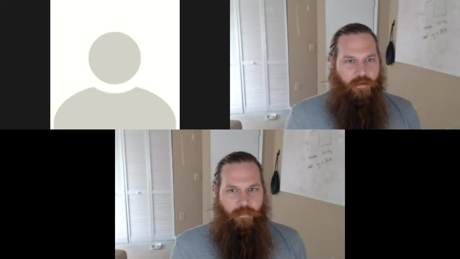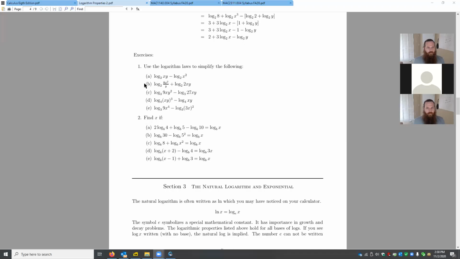I will ask you guys to take a look at the second part of this first exercise. So you want to simplify this as much as possible. You could do that by combining these into a single log and trying to cancel, or you could expand and try to combine like terms and then recombine, but do whatever you can do to get this as simple and clean as possible, okay? Are there any questions about what it is I'm asking you to do?